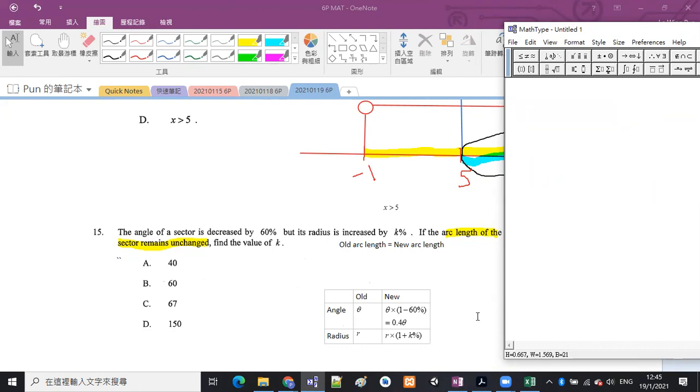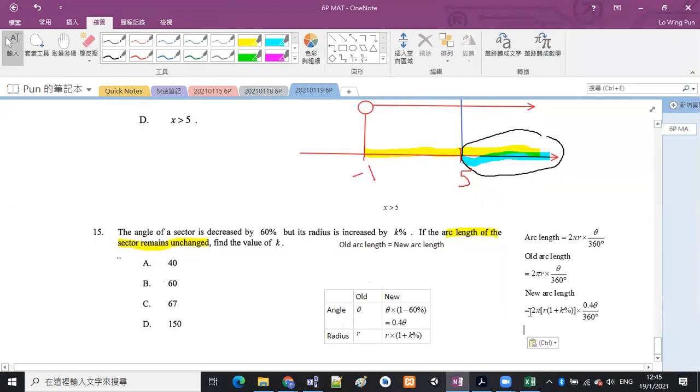Can you get this? This is our new arc length, and that is our old arc length. And the question just tells us that the old arc length should be equal to the new arc length. So I just put these two expressions together to form an equation.